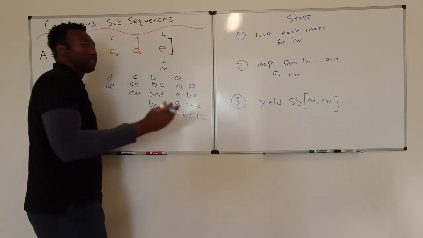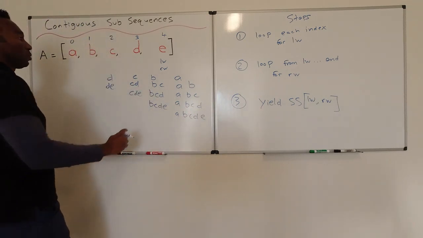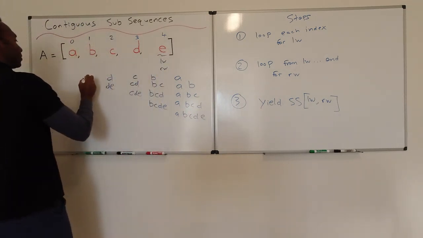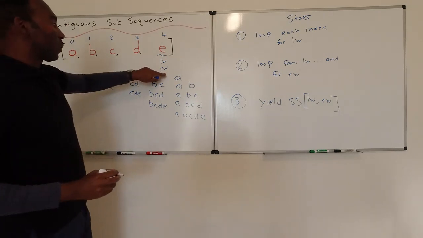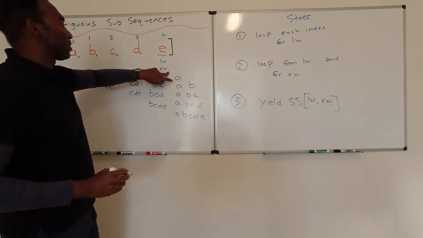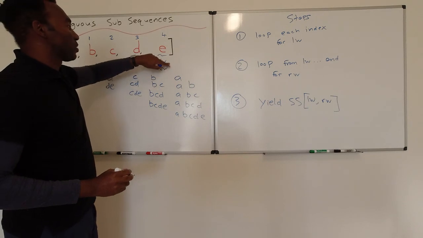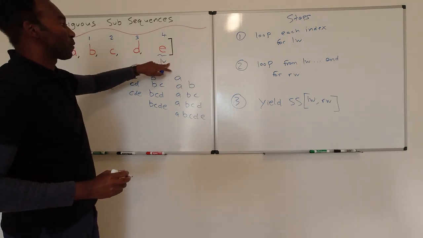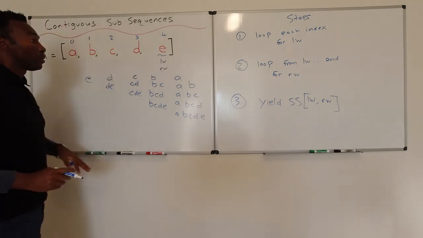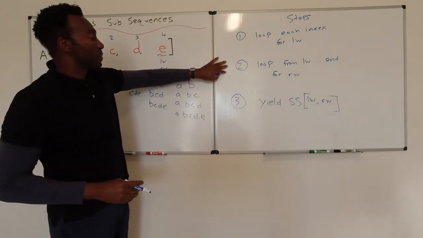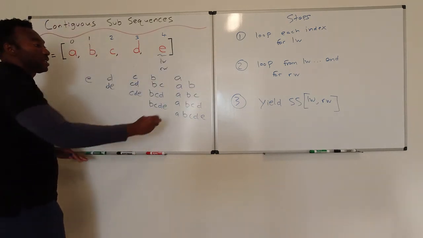Step 3, you're going to yield the result of that. When you do, that will give you E. So now the right wall has reached the end of that array, and also the left wall has reached the end of that array, and therefore you're done. So once you've applied all these 3 steps, you will end up with these subsequences here.